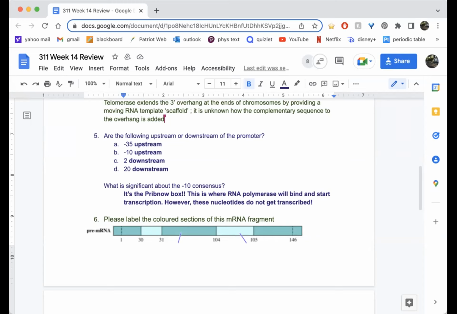So Joseph asks, is the Tata box in eukaryotes at -10 or is it somewhere else? I'm glad that you mentioned the Tata box because I was actually going to ask what the analogous structure in eukaryotes was. And so it's the Tata box. I am actually not sure where it's located in eukaryotes. I can look it up though and let you know.